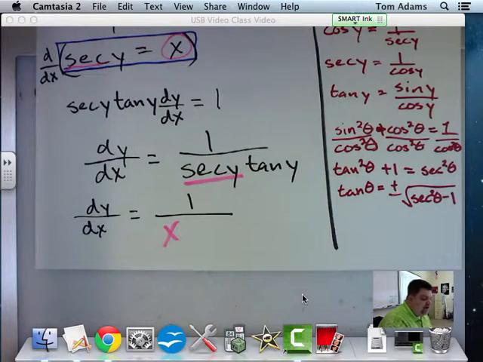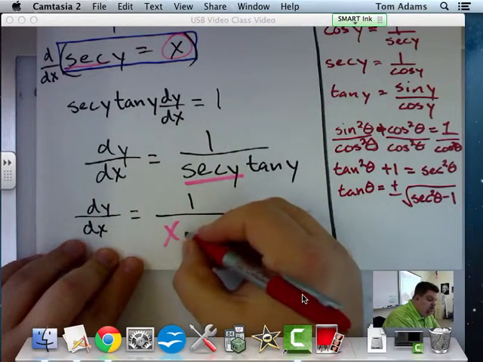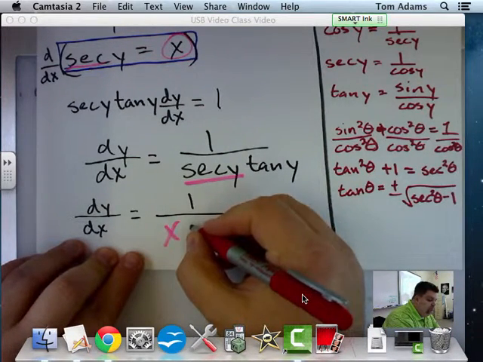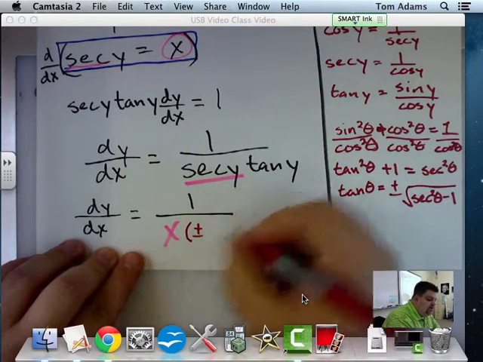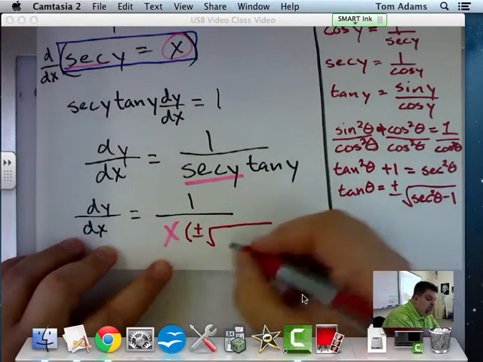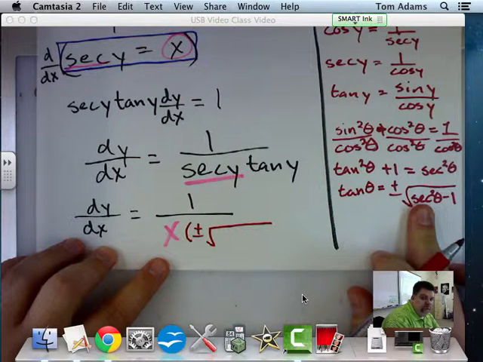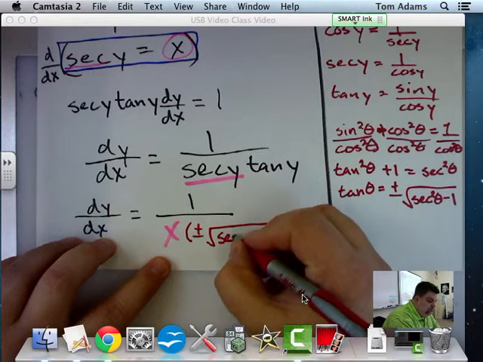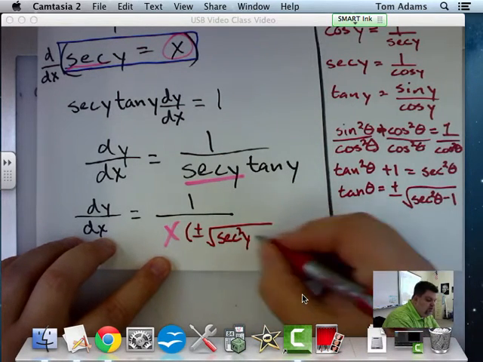Now, tangent of y could be replaced with plus or minus the square root of secant of y squared minus 1.